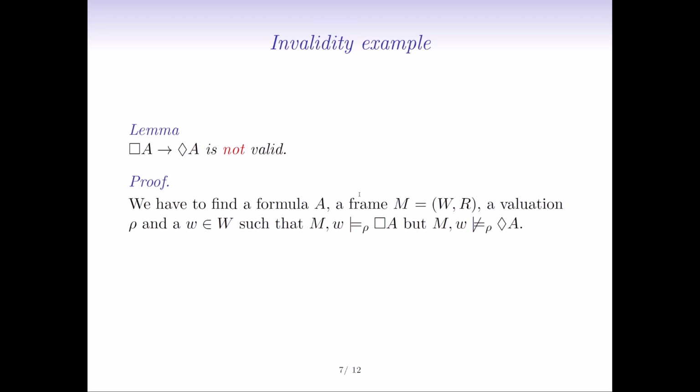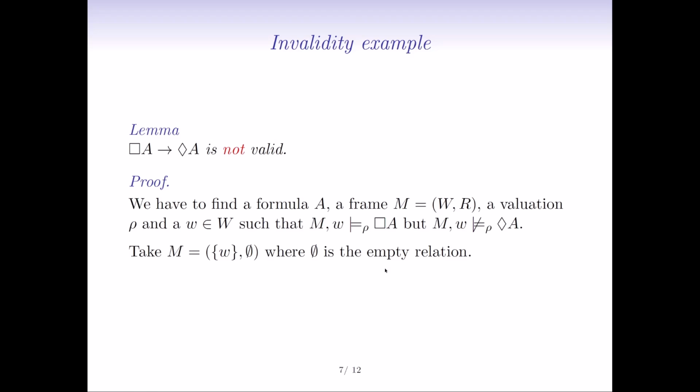And to say that it's not valid in the frame means that it's not satisfied by all valuations and at all worlds. Of course, because it's an implication, I need to find a frame and a valuation and a world in the frame, say W, such that W satisfies the left-hand side of the implication, box A, but it does not satisfy the right-hand side of the implication, diamond A.